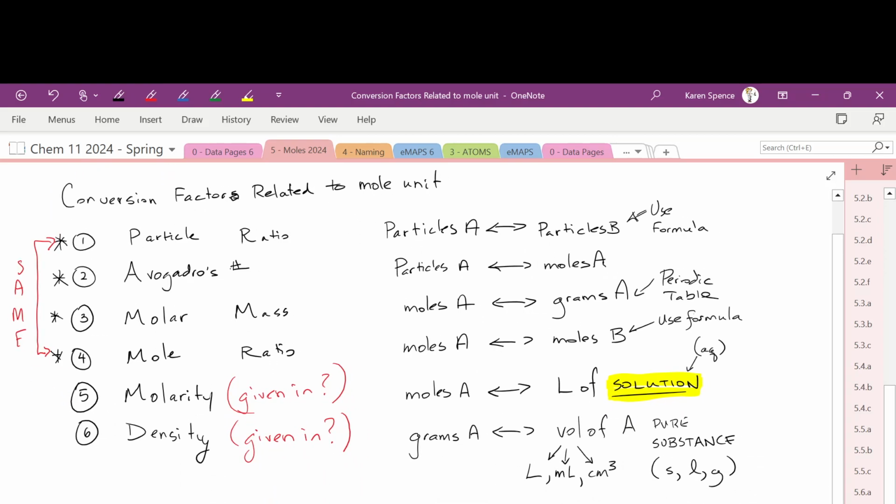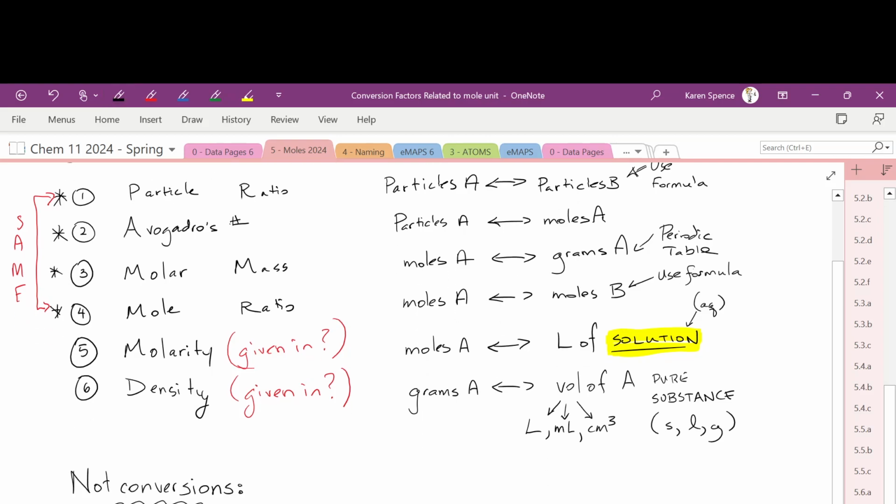You also know a few things that are not conversions. What things do you have to do a division instead of a conversion?